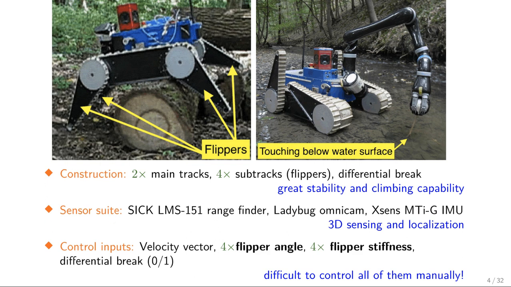It has an omnidirectional camera and an inertial measurement unit. This is the perception of the robot, and this is what is going to compose the state the robot is in. We will see it in detail. The control inputs can be the velocity vector for all the tracks, the flipper angle, and flipper stiffness. We will see that again shortly.